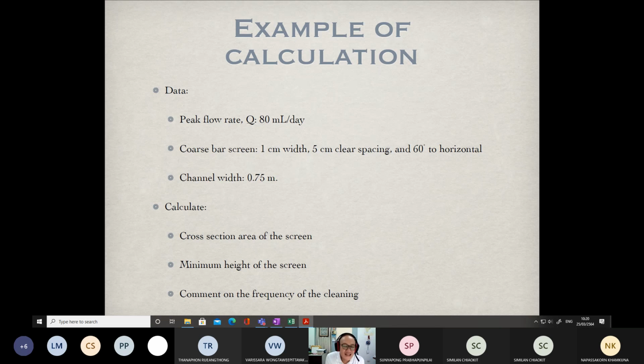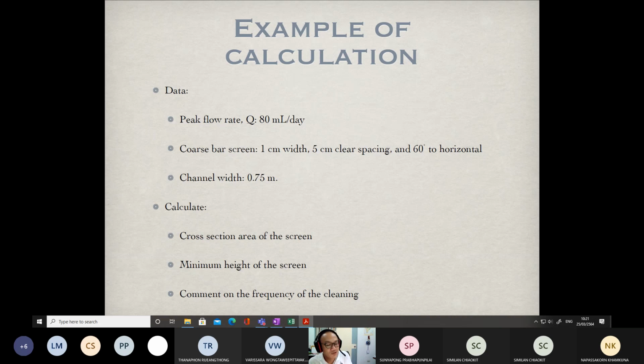For the coarse bar screen, we decided to allocate the bars like this. The bar is 1 centimeter wide, and the clear spacing is another 5 centimeters. This bar lies at 60 degrees to the horizontal, and the channel width is 0.75 meters.